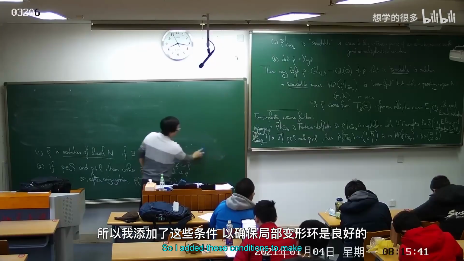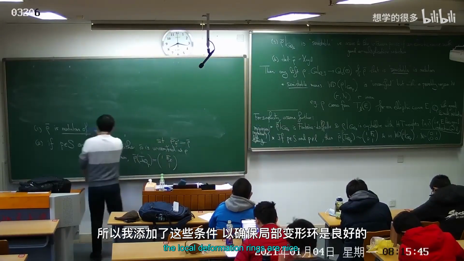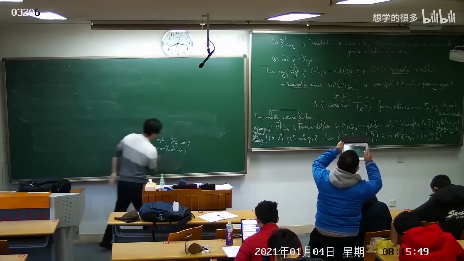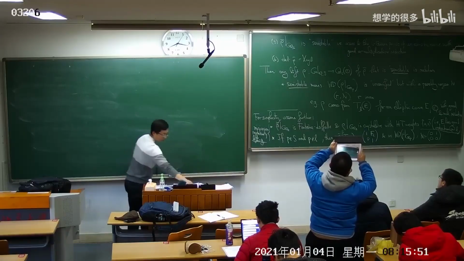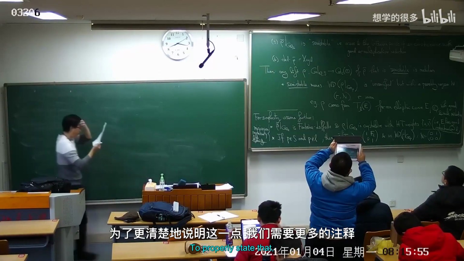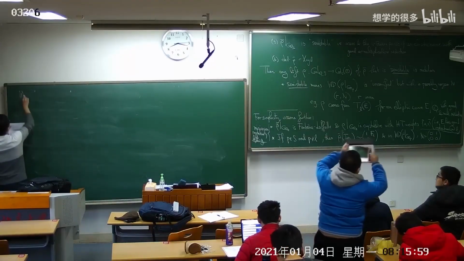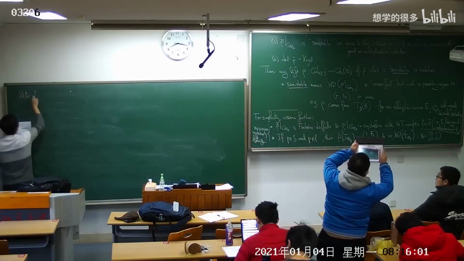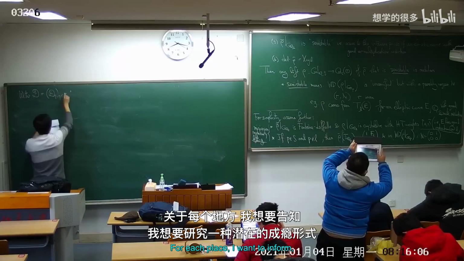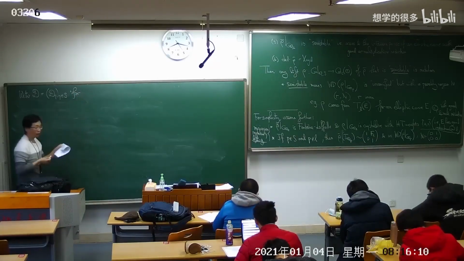So I added these conditions to make sure basically the local deformation rings are nice, as we'll state. To properly state that, we need a little bit more notation, unfortunately. For each place, I want to set a so-called deformation condition.